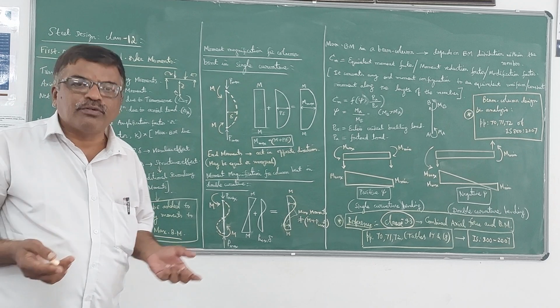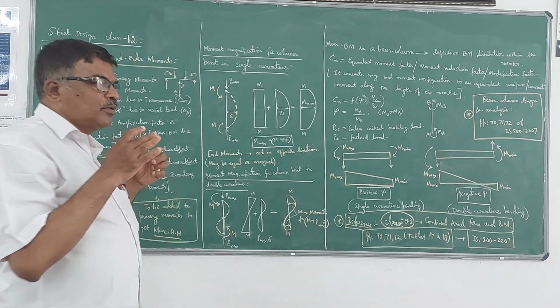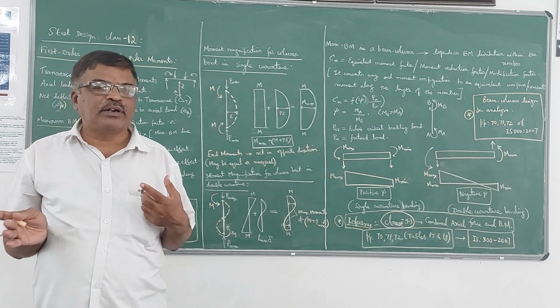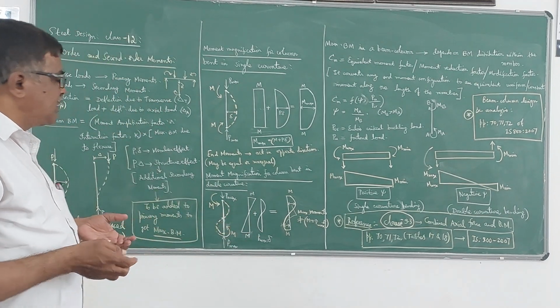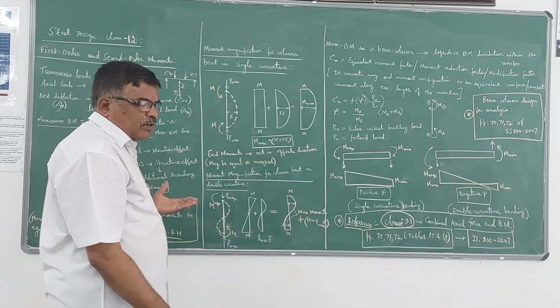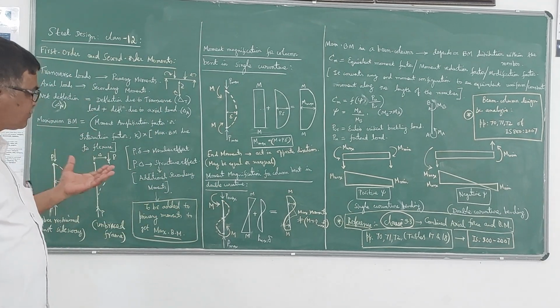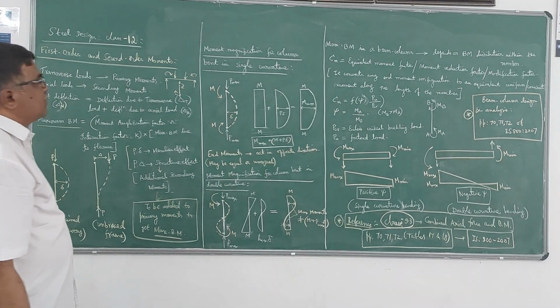So, in the design of beam columns, we have to understand that there will be two types of moments: one is the primary moment and another is the secondary moment, and the net or maximum moment will be the combination of both those two moments along with that magnification factor.